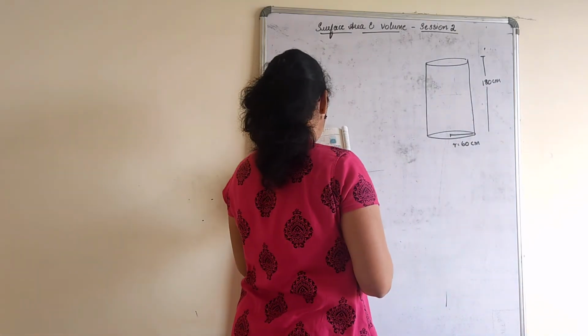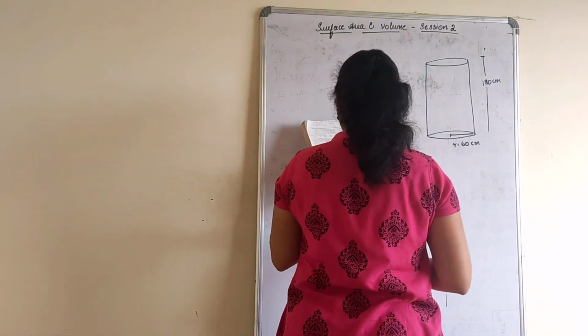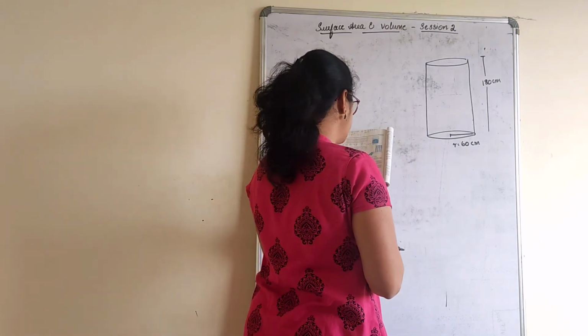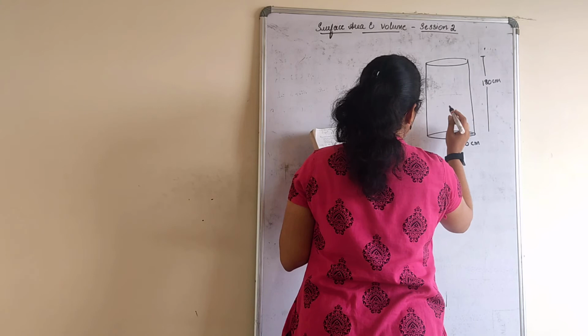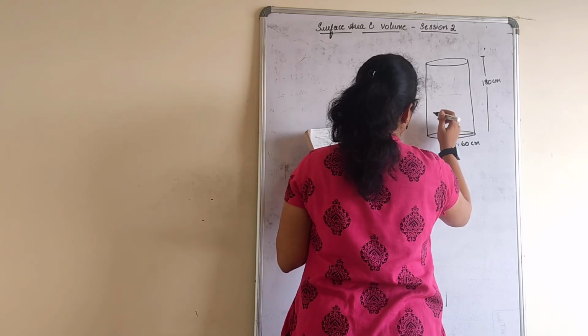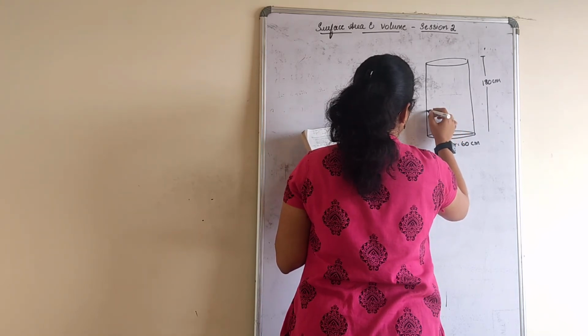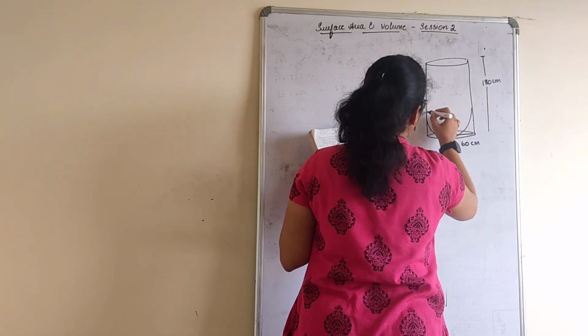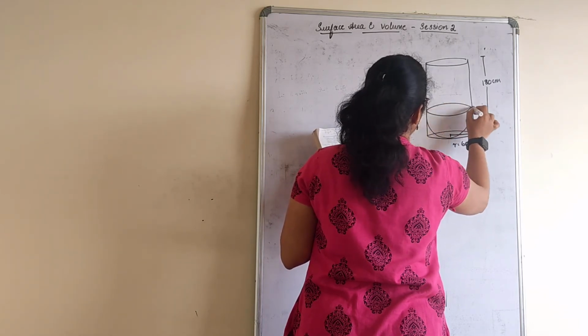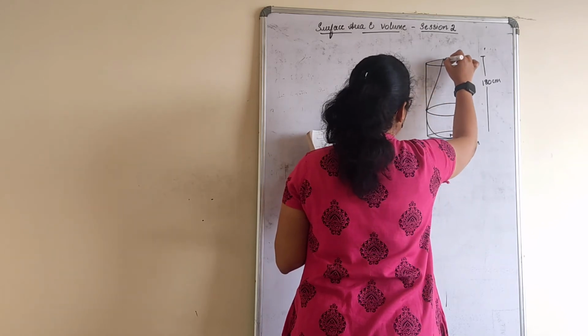What they have given? A solid consists of a right circular cone of height 120 and a radius standing on a hemisphere. So what has happened here is there is a hemisphere, which is actually there in the cylindrical part. On this a cone is there.